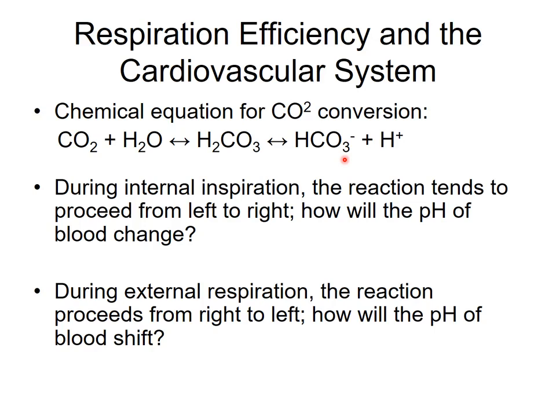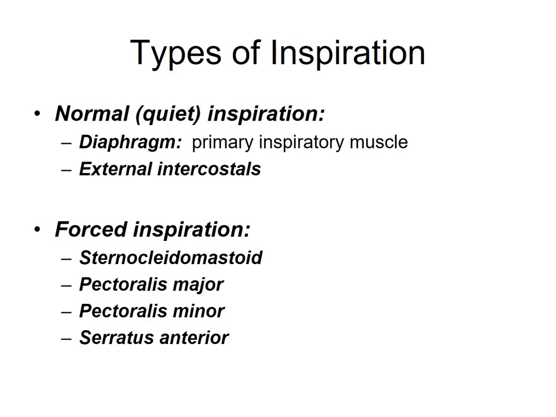The carbon dioxide comes in, forming the carbonic acid and then the bicarbonate. During external respiration, the process occurring in the lungs where the blood is coming, this is the form that most of the CO2 is carried in, and so the reaction goes from right to left in the blood.